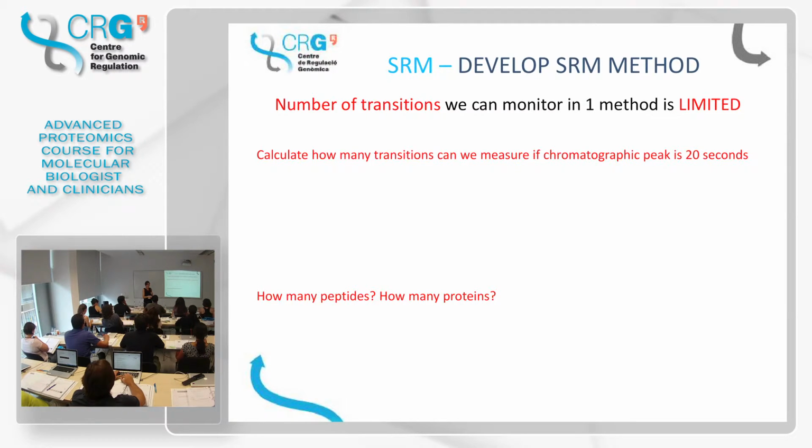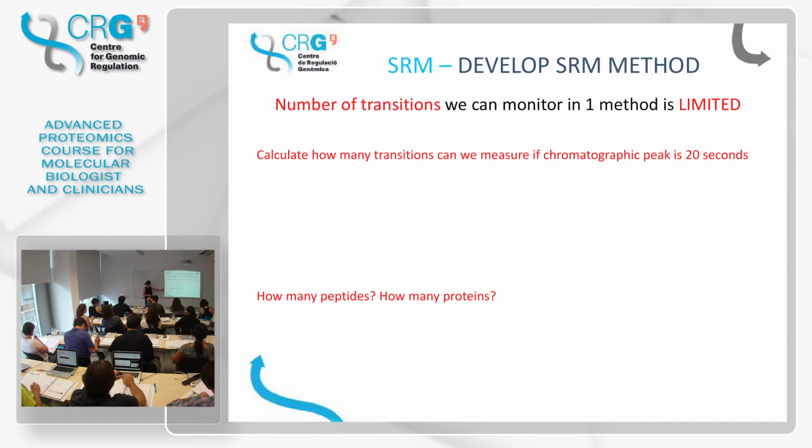Yes, so 20 seconds divided by 10 points, we have 2 seconds of cycle time. In those 2 seconds, if we spend 20 milliseconds per transition, we can monitor 100 transitions. And then the number of peptides and proteins, of course, depends on our project, on what we can do.